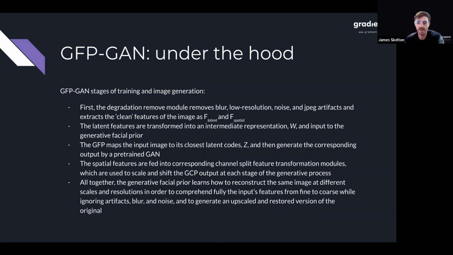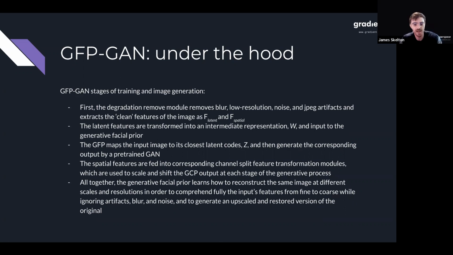As I said before, that generative facial prior is a StyleGAN 2 model that was trained on faces. So what it's doing is capturing the representations in our input image and trying to map it to how StyleGAN produces faces. So we're using StyleGAN to do a lot of the work, which is beautiful, really smart.